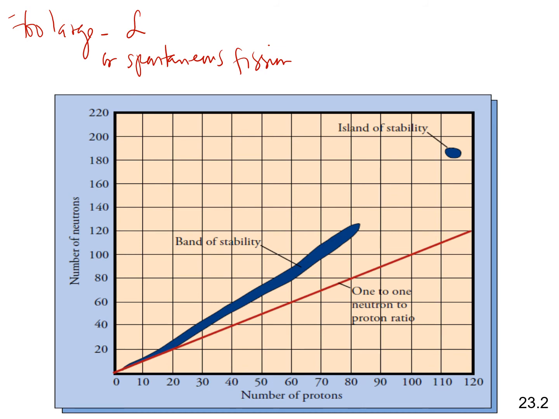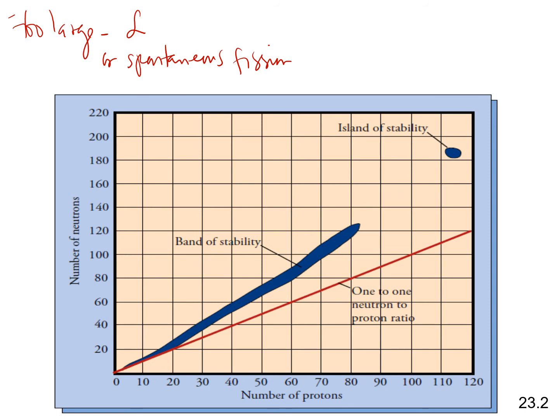When the neutron to proton ratio is too large, meaning you have more neutrons, beta decay can happen. So a neutron is converted into a proton and an electron. But if it's too small, positron decay or electron capture can happen.